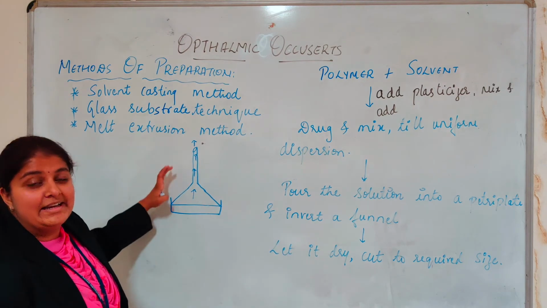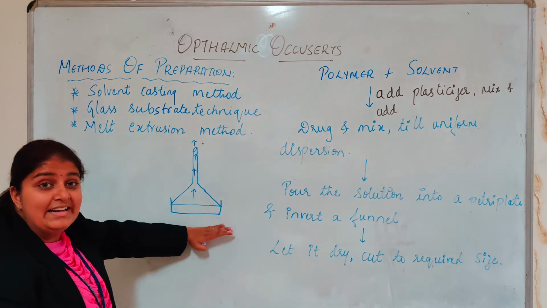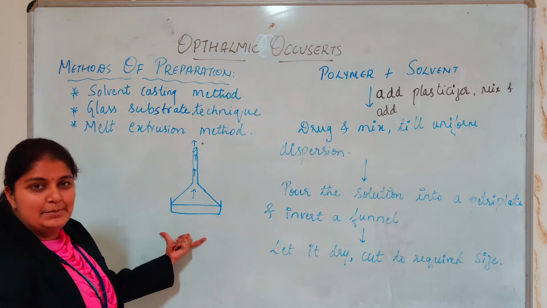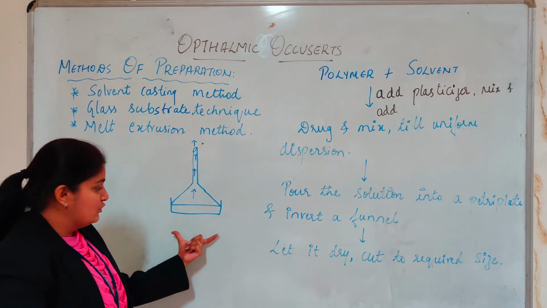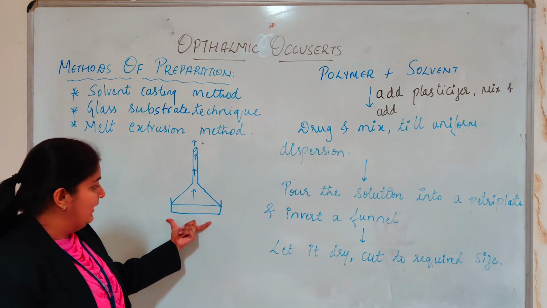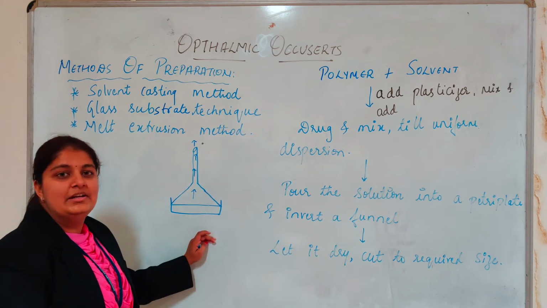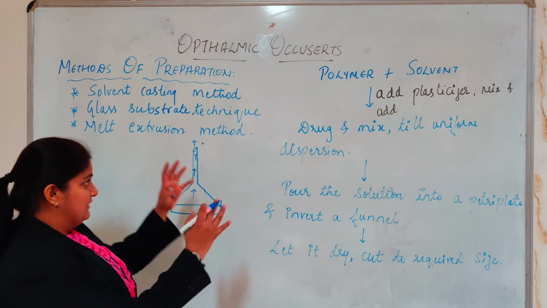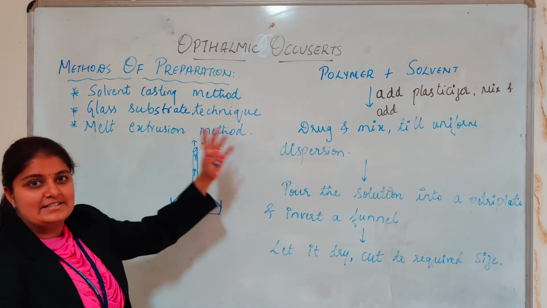Once it is evaporated, the content placed within the petri plate starts getting dried. We keep it until the whole content is dried. Later, once it is dried, we cut it to the required size and shape. So this is the flowchart for the solvent casting method.